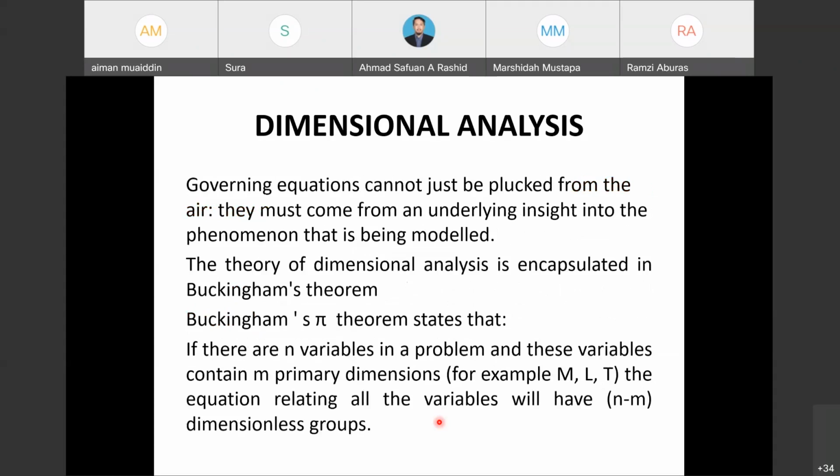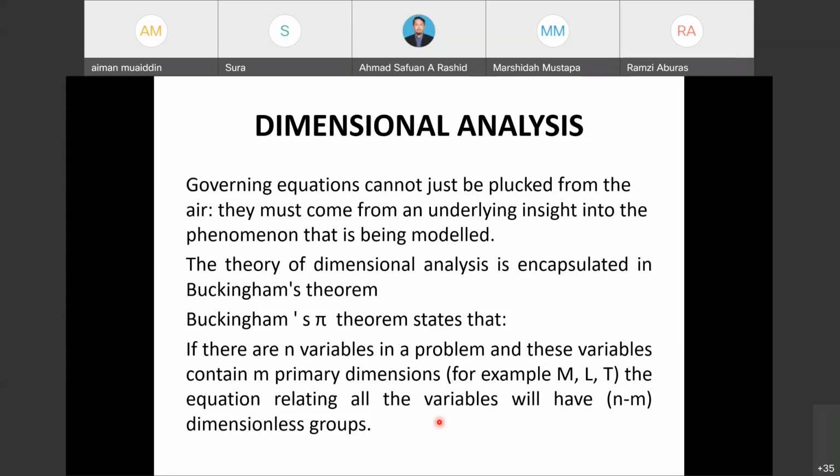It must come from an underlying insight into the phenomenon that is being modeled. That means we need to refer to the theoretical background of that problem. The theory of dimensional analysis is encapsulated in the Buckingham theorem.